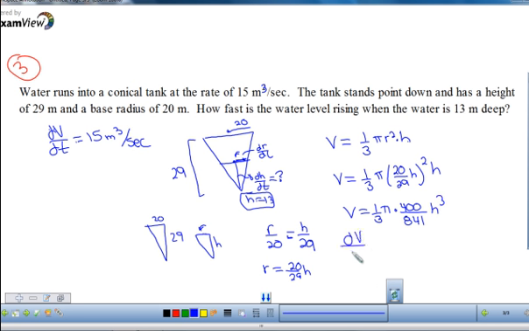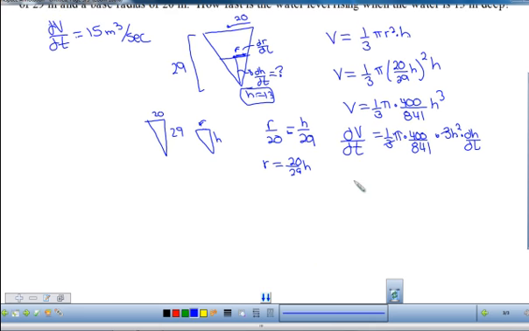So now I am able to take the derivative. So dV/dt equals 1/3 pi times 400 over 841, the coefficient, so I can just bring it down, times 3h squared times dh/dt. So my 3's cancel. My volume rate is 15.